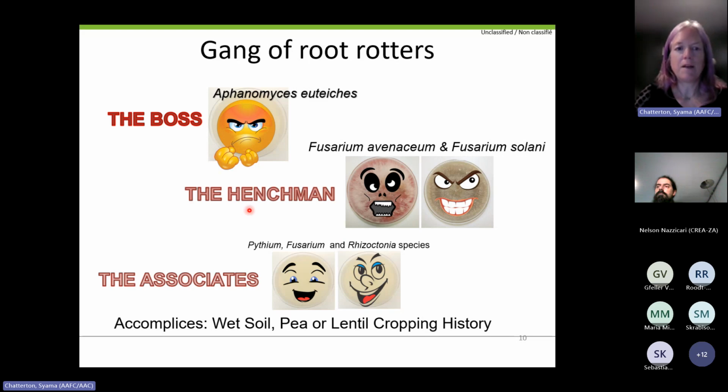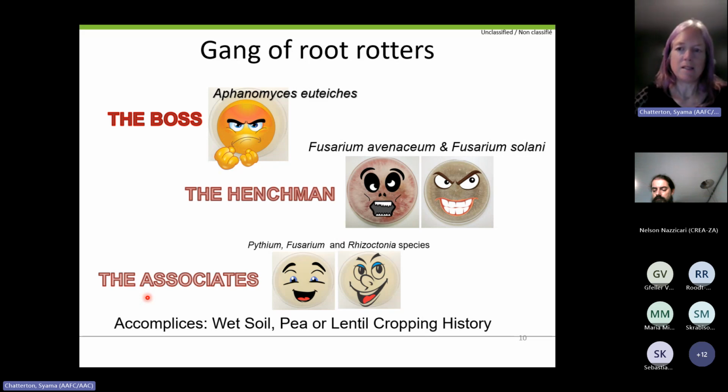Our primary pathogens there are Fusarium avenaceum and Fusarium solani. And along with these 3 major players, we have a lot of different associated pathogens. You get a lot of different Pythium species, other Fusarium species besides avenaceum and solani, Rhizoctonia species. Sometimes we find Alternaria, sometimes we find black root rot, Thielaviopsis. So there's really a lot of different players within this gang of root rotters.